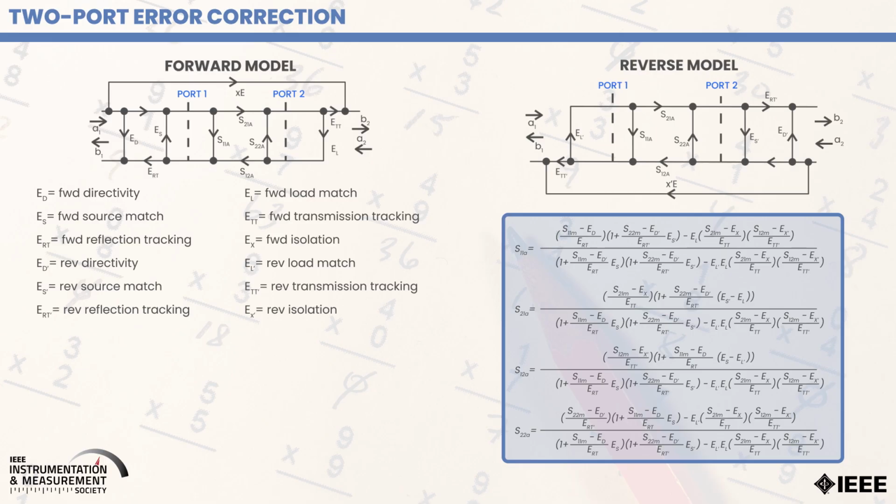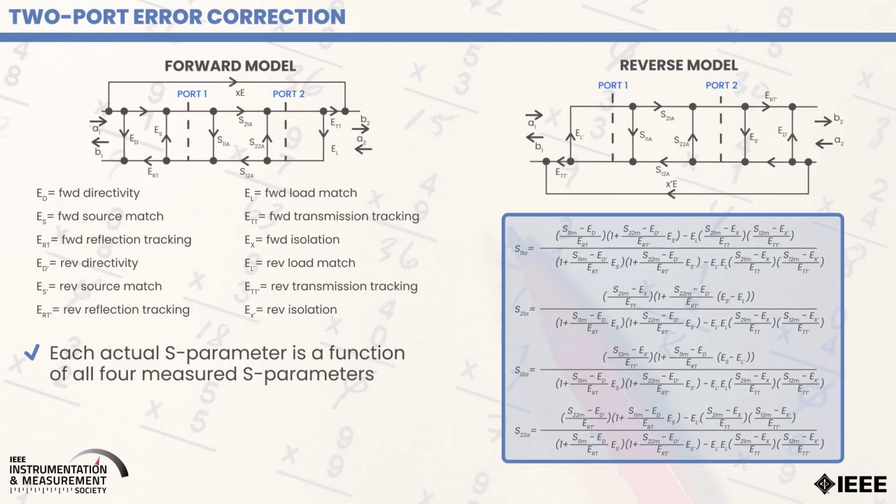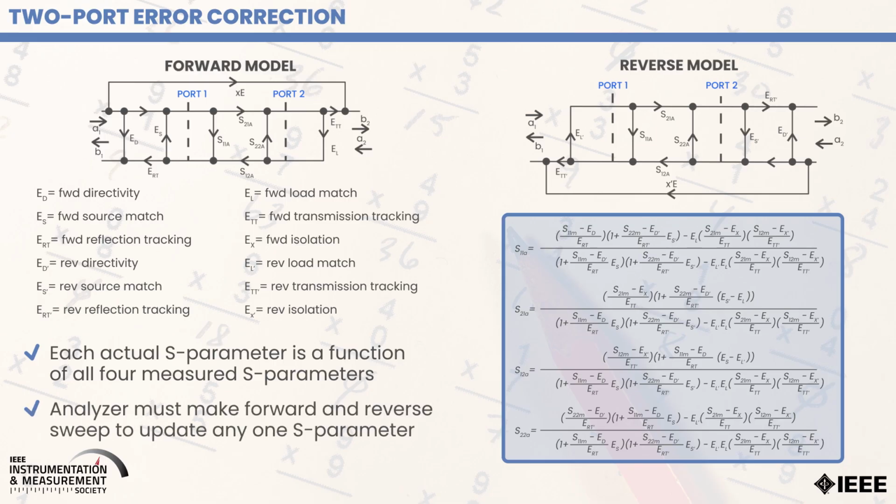In order to do a correction, we have to determine all 12 of these error coefficients. Each actual S parameter, as you can see by the equations, is a function of the four measured S parameters. And as a note, the analyzer needs to make both the forward and a reverse sweep in order to update any one S parameter.